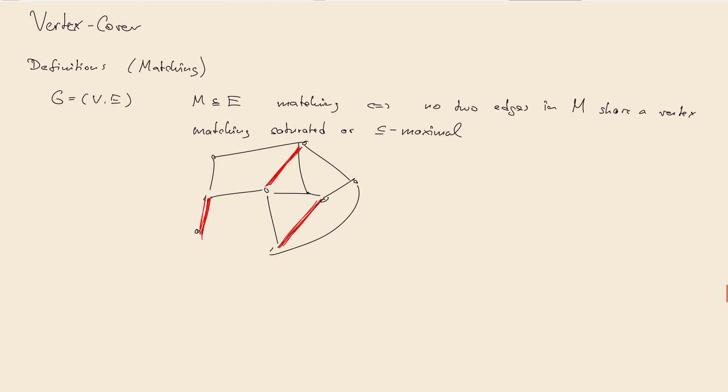And I think in the case of this graph that I've drawn here, I can't add another edge because there's no more two vertices left in the graph. So this is actually inclusion maximal. Well, this name, of course, comes from the fact that among all the subsets of edges, the partial order of the subset relation forms a certain structure and has maximal elements, and these are exactly the saturated matchings. So let me add that a saturated matching is very easy to find.